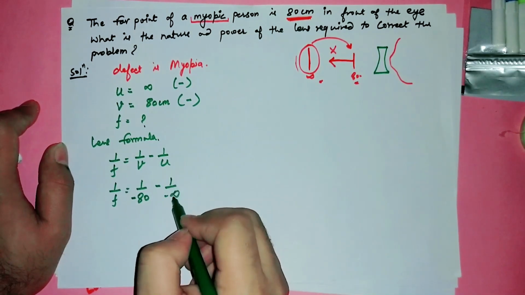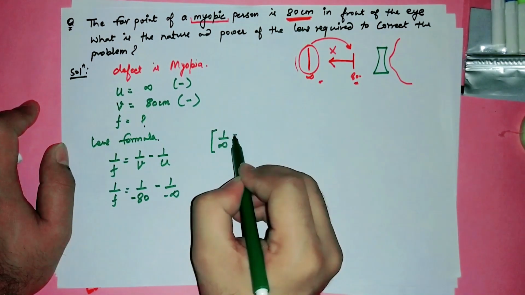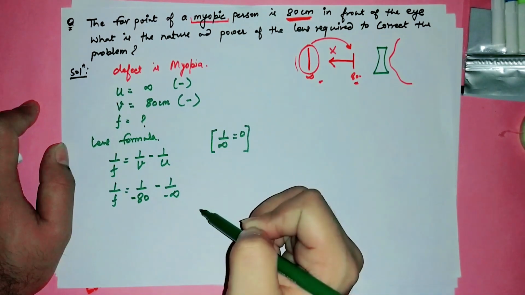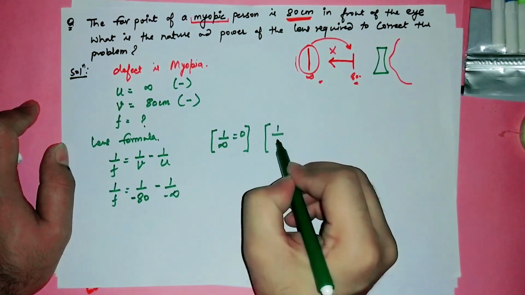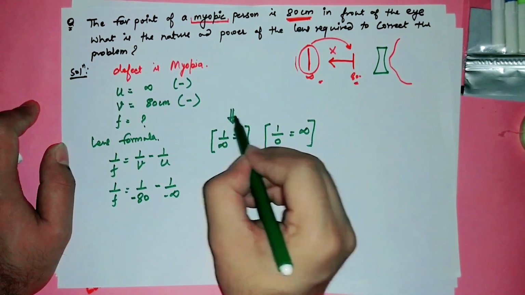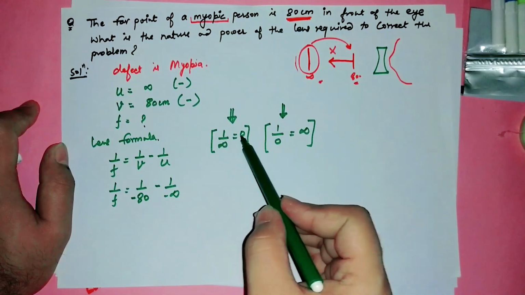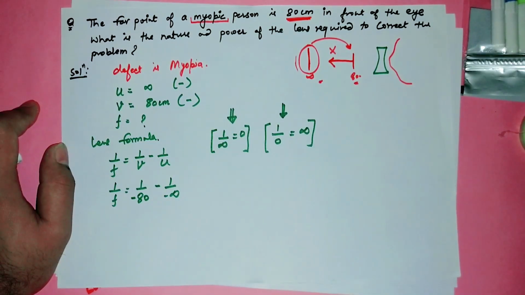So we know that 1 upon infinity is always 0. Clear? And 1 upon 0 is always infinity. These two things you have to keep in your mind. So 1 upon infinity is 0, 1 upon 0 is infinity.